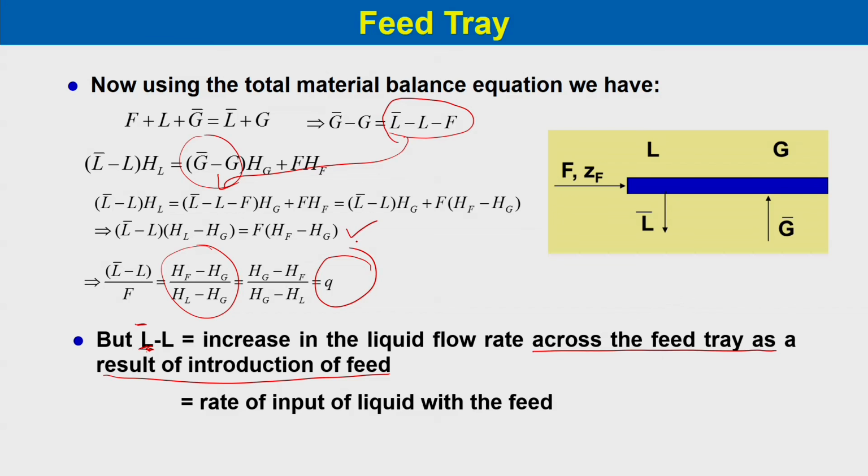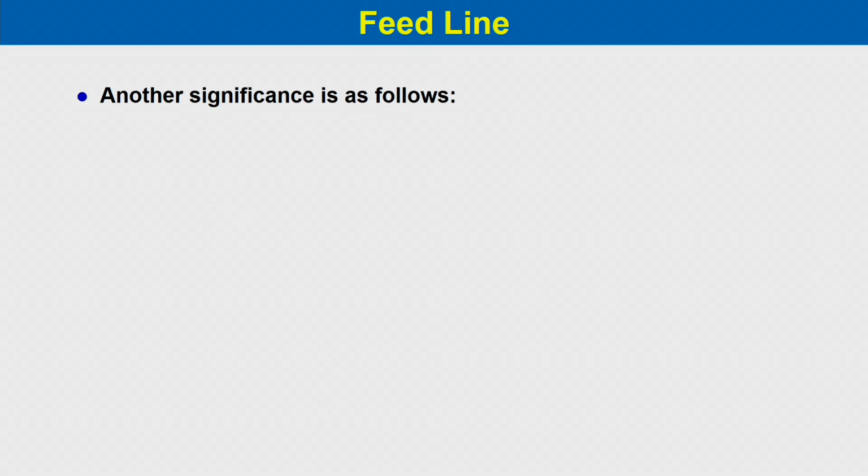So, Q is defined as the fraction of the liquid in the feed. Another significance is as follows. This is the equation: L bar minus L divided by F is equal to Hg minus Hf divided by Hg minus HL, which is equal to Q.